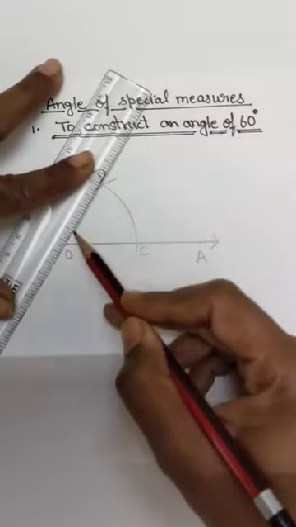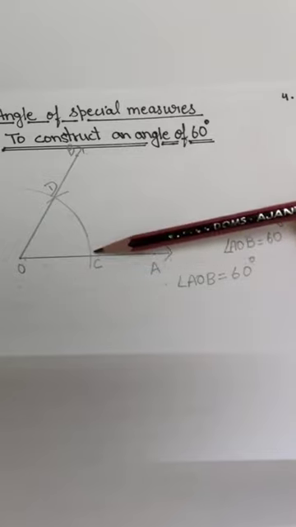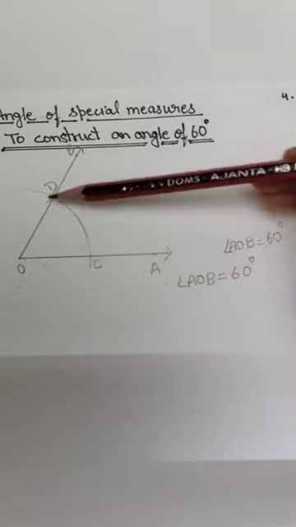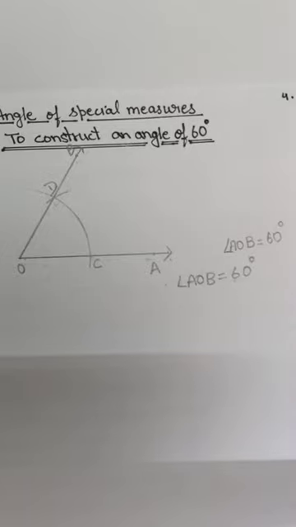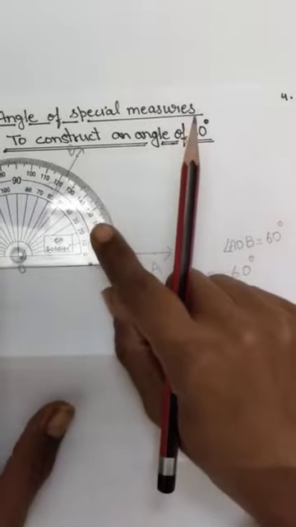With O as a center, and taking suitable radius, draw an arc which cuts ray OA at C. With same radius and center C, draw one more arc which cuts the previous arc at D. Join OD and produce it up to point B. So this angle AOB, or we can say BOA, is of 60 degree. Check it by measuring it. See, this is of 60 degree.